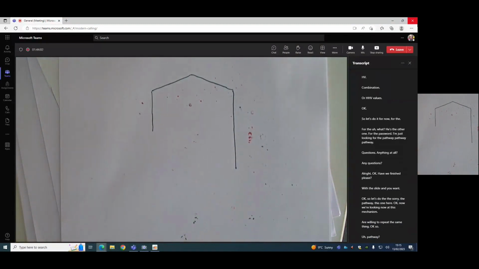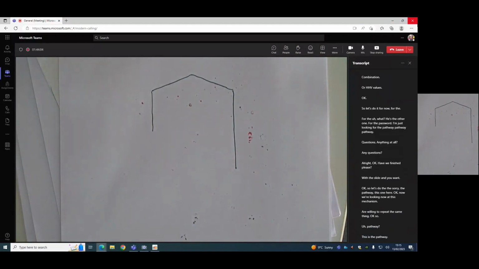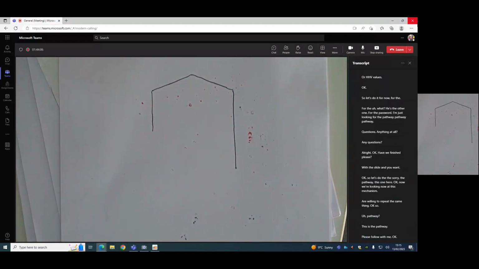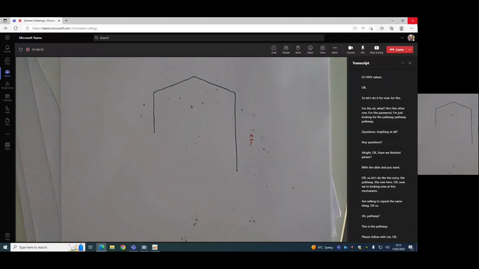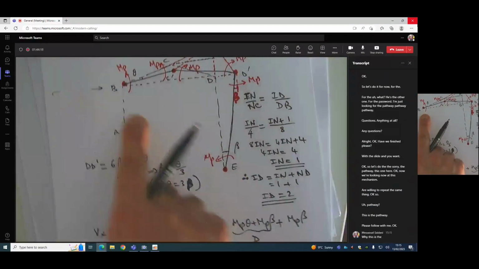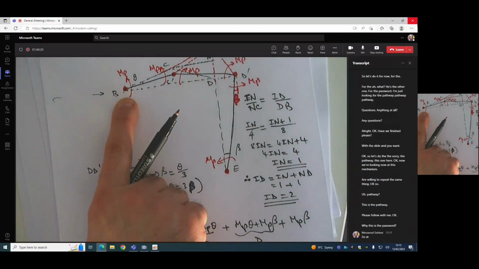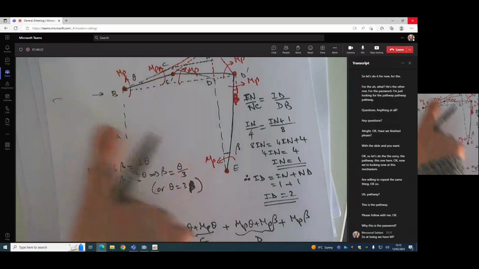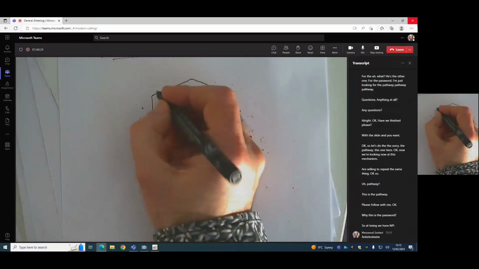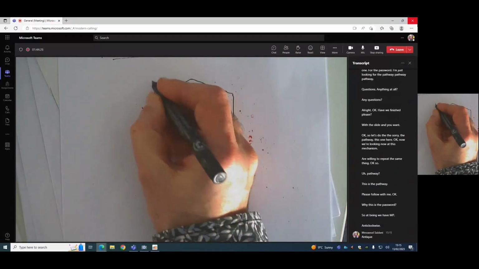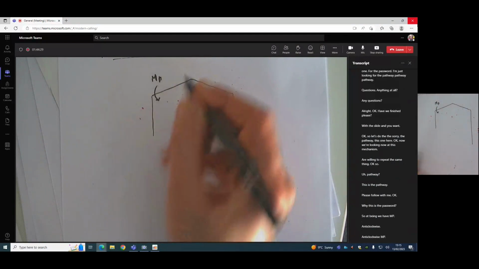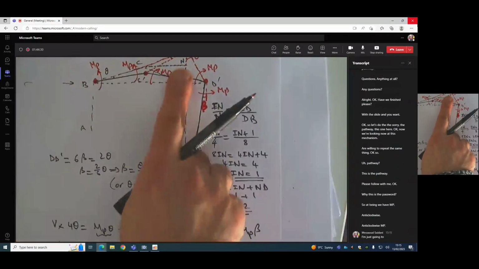This is the part sway. Please follow with me, okay? All right, this is the part sway. So at B, we have MP anti-clockwise. Anti-clockwise MP. I'm just going to show what we have here.